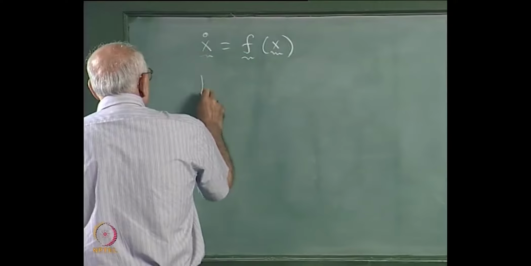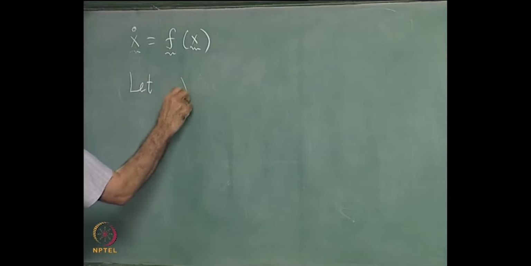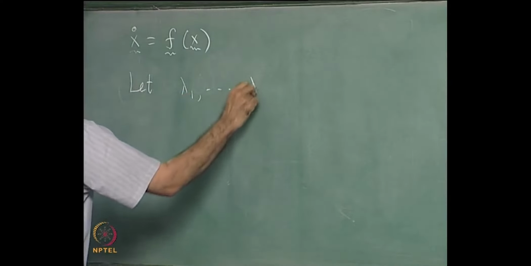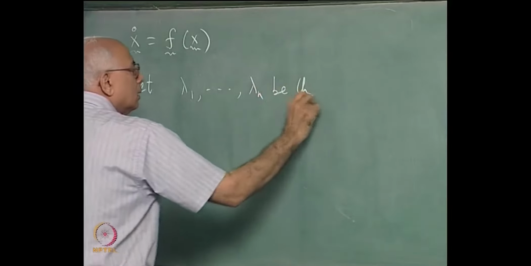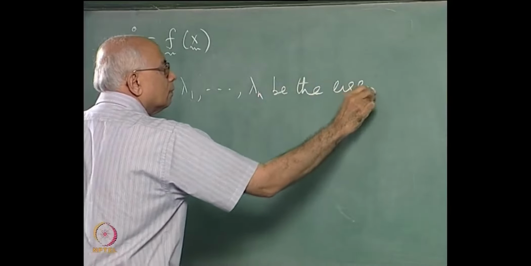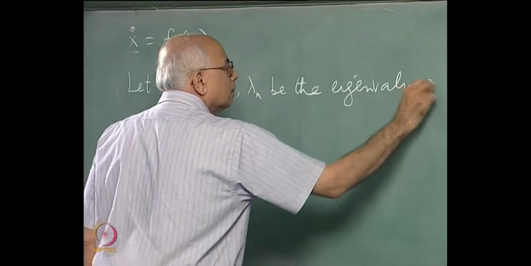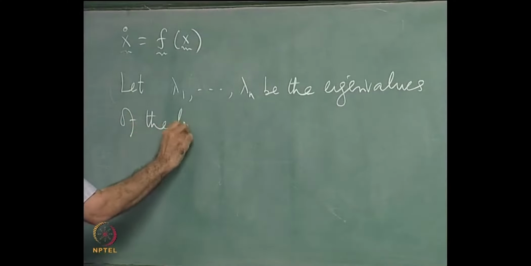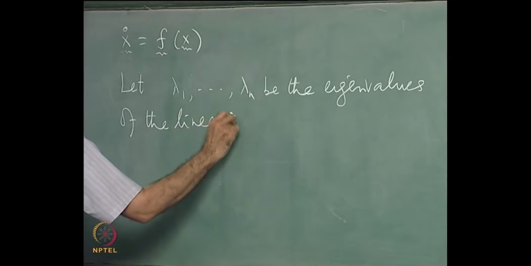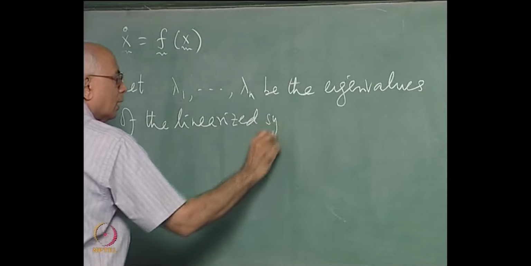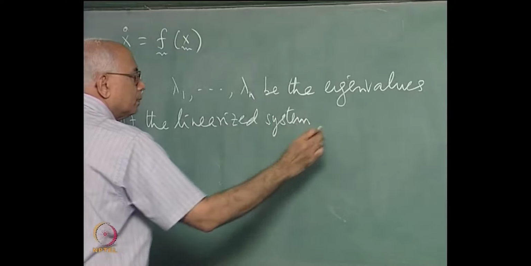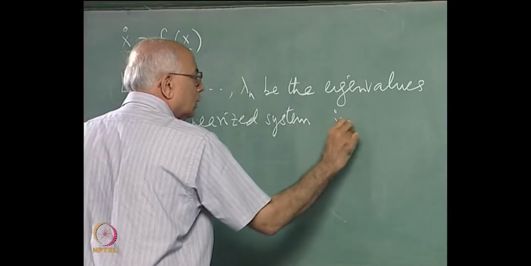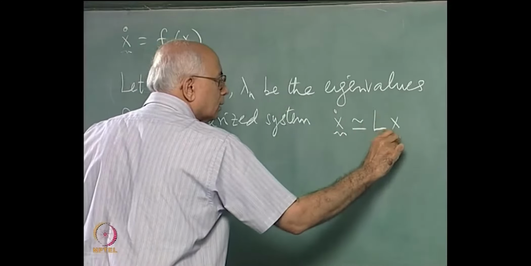So let lambda 1 up to lambda n be the eigenvalues of the linearized system x dot is Lx.